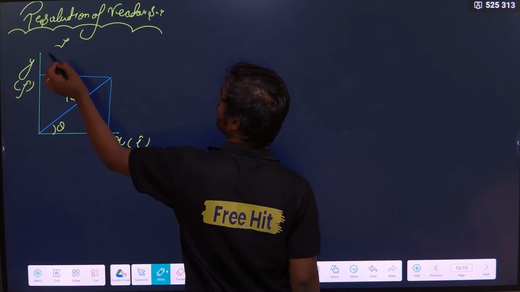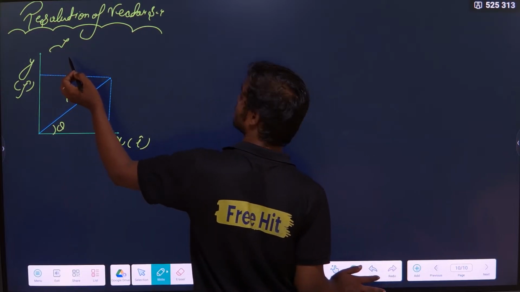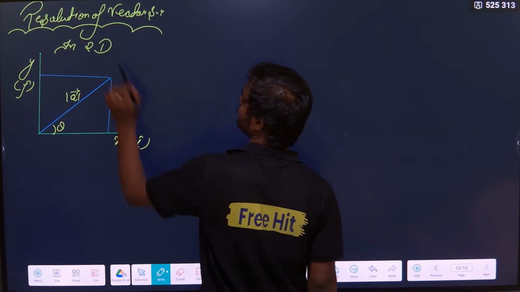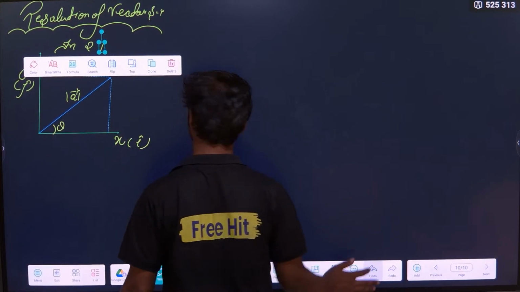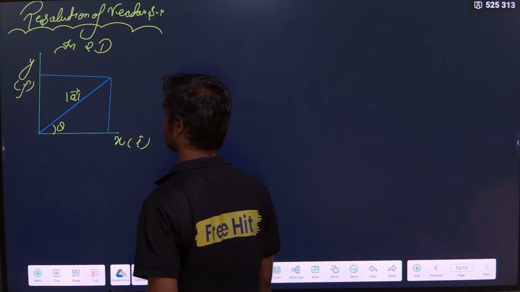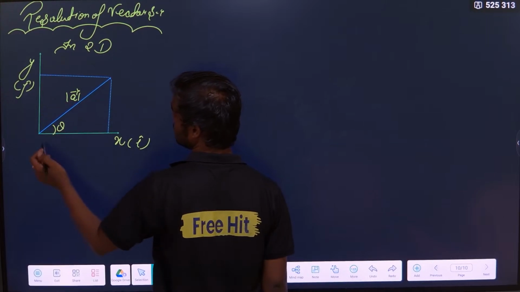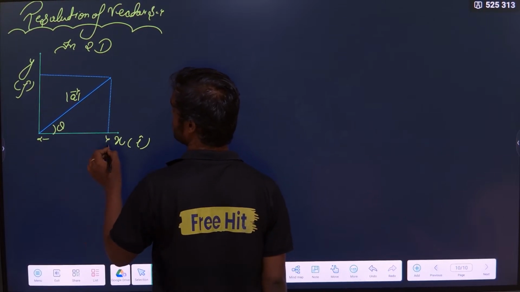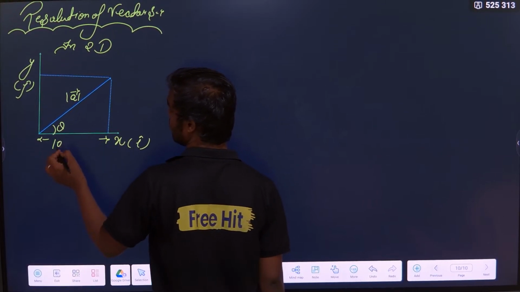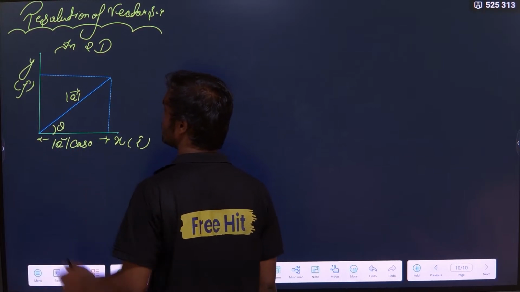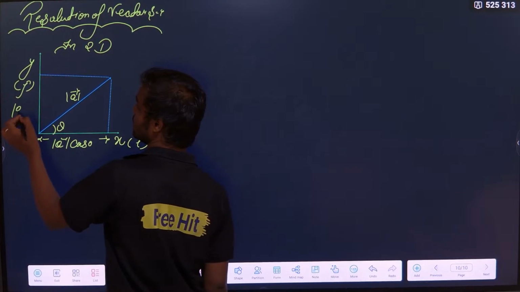So in 2D, I want to find the projection. If this is A and this is the distance I want to find, by trigonometry, what will the distance be? If you apply trigonometry, you will get the distance equal to mod A cos theta. Similarly, applying trigonometry here, this distance is mod A sin theta.